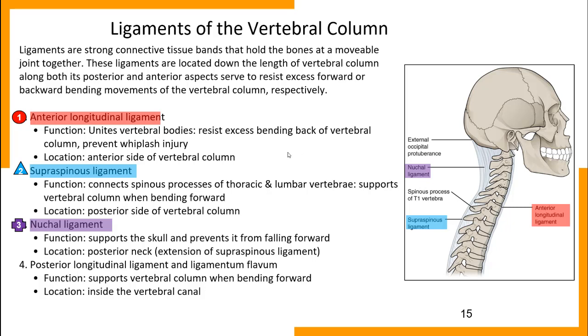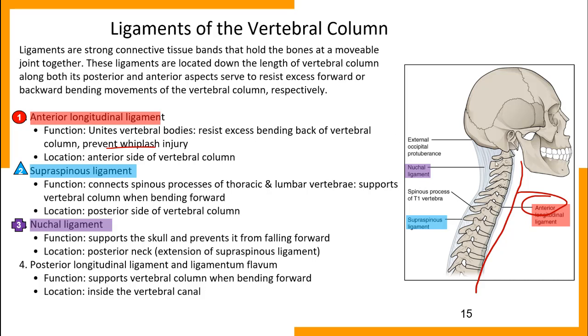Just by its name, you know that it's located in the front, anterior. You know that it's long, so it goes from top to bottom of the vertebral column. And the purpose of that is to prevent whiplash injury, right?